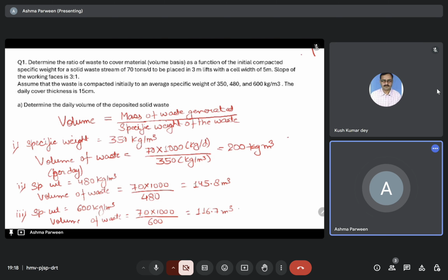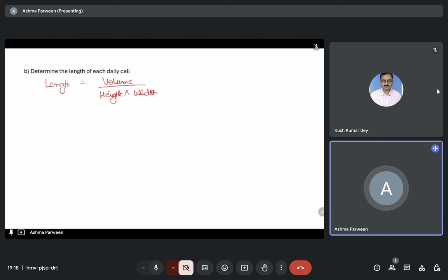We have to place into 3 meter lift. The height is given as 3 meter and the cell width is 5 meters. So we can divide by 3 into 5 to get the length of each daily cell. Please find for each of the three cases and write the value which you are getting, and then we'll see how to solve this.